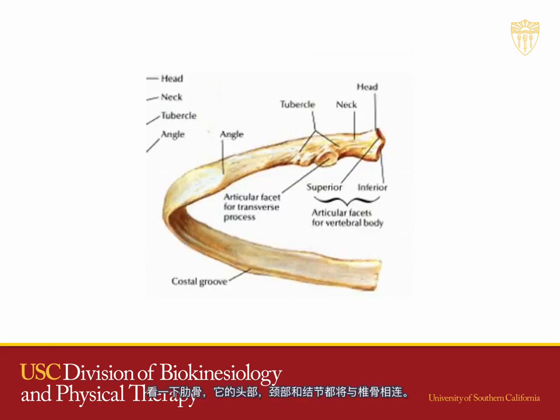And just looking at the ribs, the head and neck and tubercle are all going to articulate with the vertebrae. Okay, so that's actually the posterior aspect of the rib. And then you come around to the body of the rib angle, and then the costal groove, and then that area on the bottom is where it attaches to the sternum.